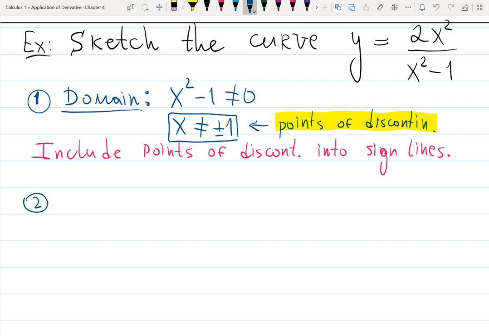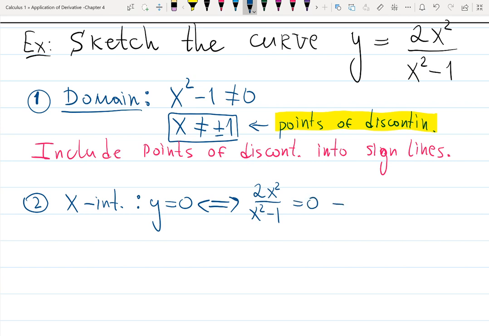Second step, let's find, what do we have second? X-intercept and Y-intercept. Okay, X-intercept, that means Y should be 0. When Y is 0, I'll put a double arrow, that means goes left and goes right. 2x squared all over x squared minus 1 equals 0.